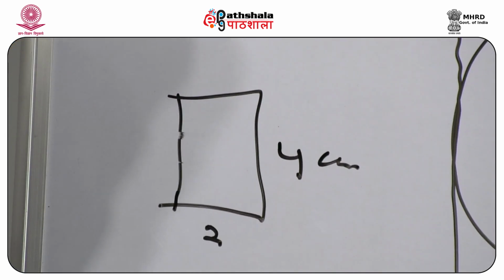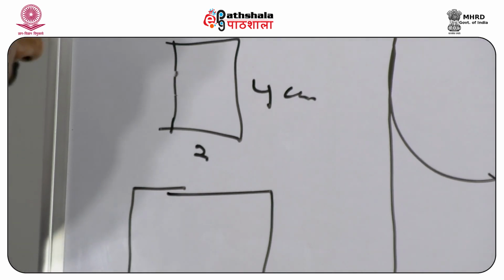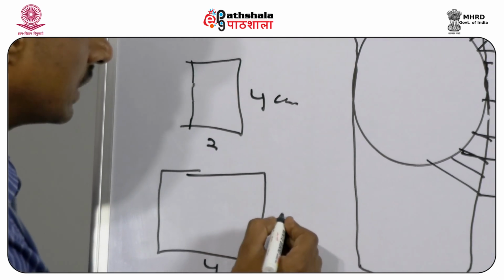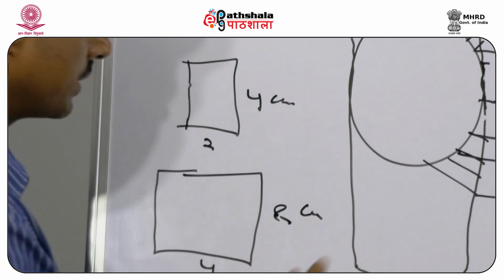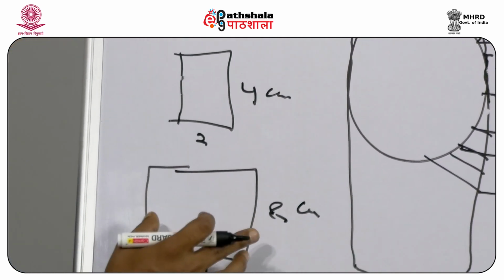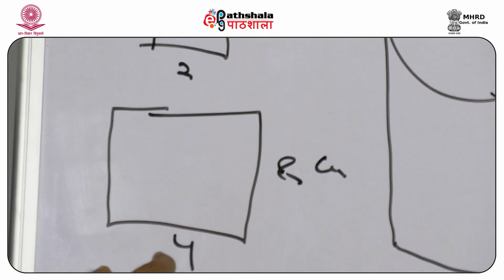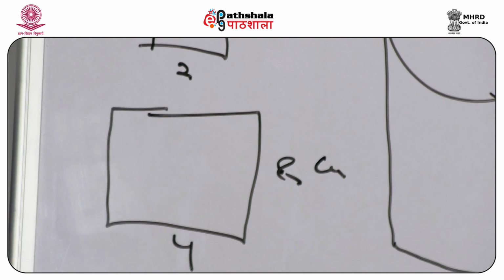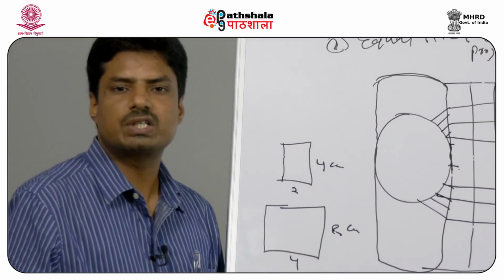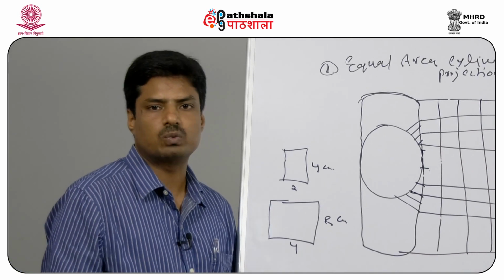But if we make it just double, the width will be 4 centimeter and the length will be 8 centimeter. Here what is common? The size changed, but the shape remained constant. Similarly, this is the advantage with the Mercator's projection, that the shape in the Mercator's projection remains true.